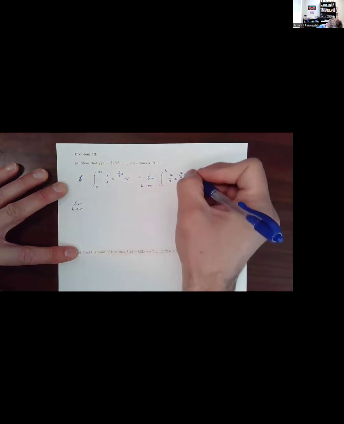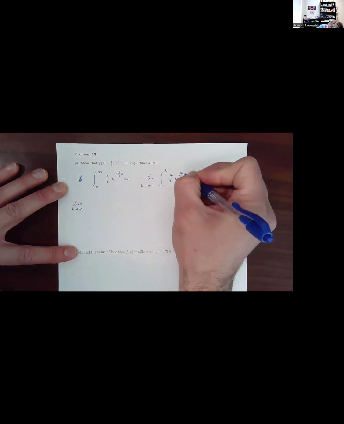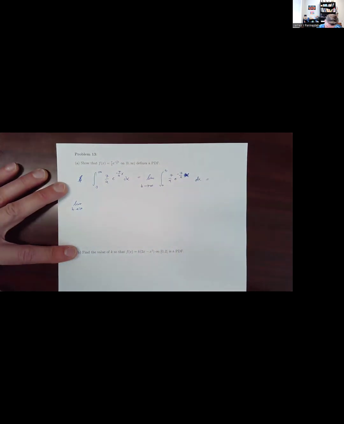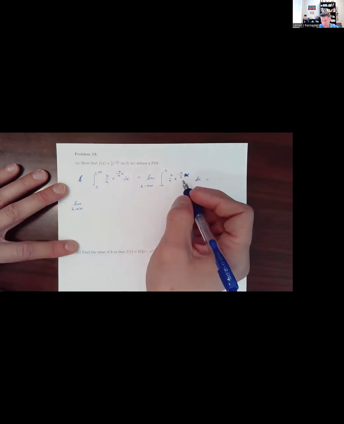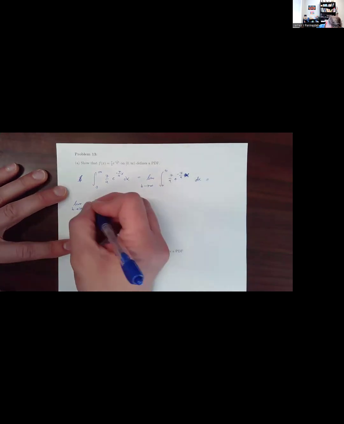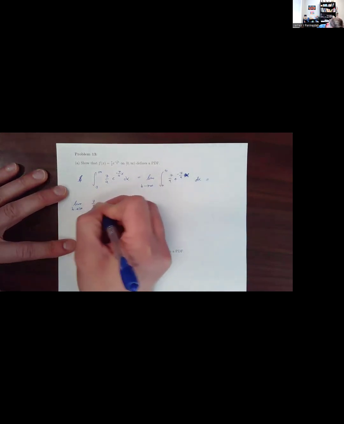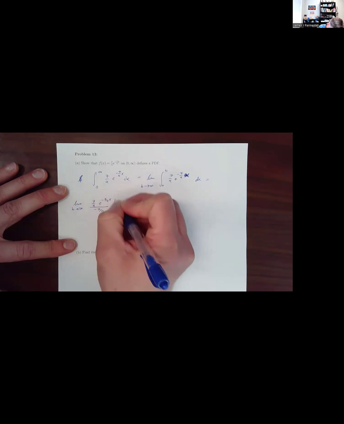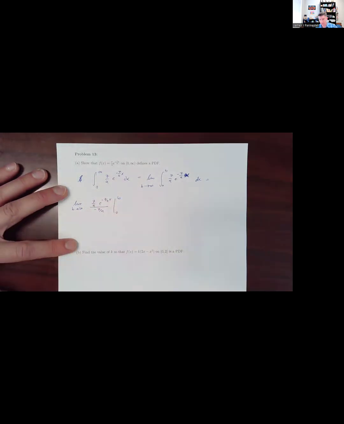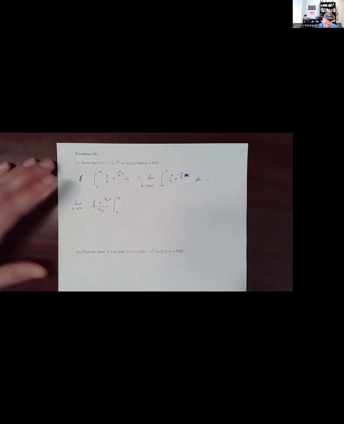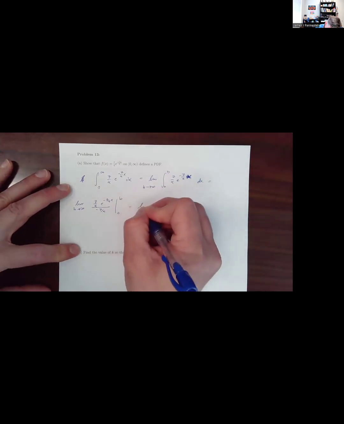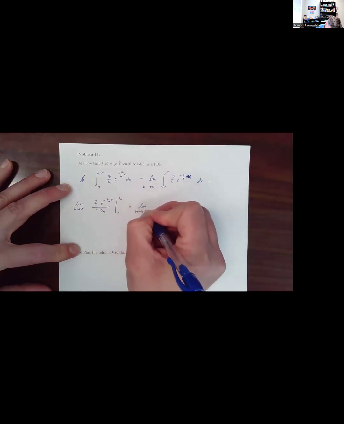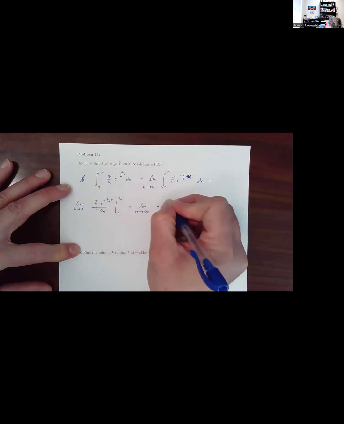I know it looks terrible. The integral of e to the negative 7/4 x is e to the negative 7/4 x divided by negative 7/4. So we're going to get 7/4 e to the negative 7/4 x divided by negative 7/4, from 0 to b. The 7/4 and the negative 7/4 cancel, except for the negative 1. So we're really left with the limit as b goes to infinity of negative e to the negative 7/4 x.